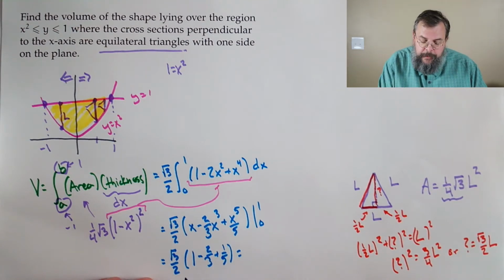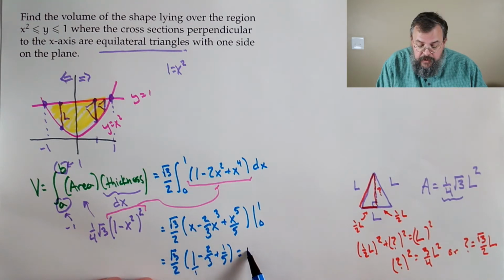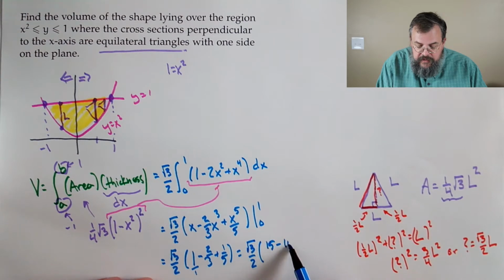So common denominator, this 1 is really a 1 over 1, so the common denominator would be 15. So root 3 over 2, and you get 15 fifteenths minus 10 fifteenths, because you got to multiply by 5, plus 3 fifteenths. Okay, so let's see, what would that be?